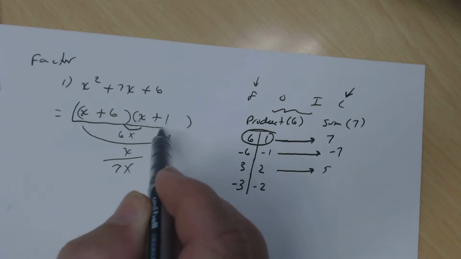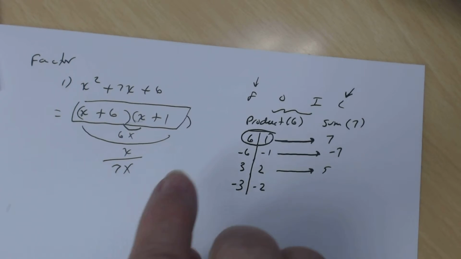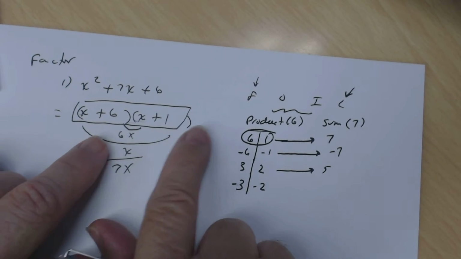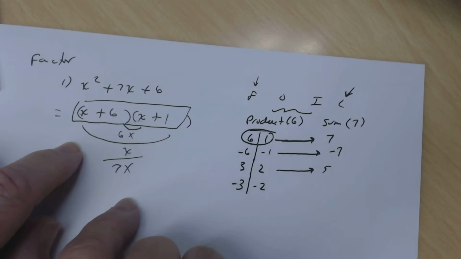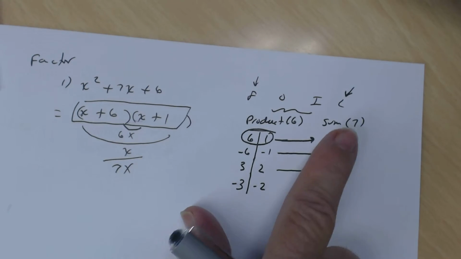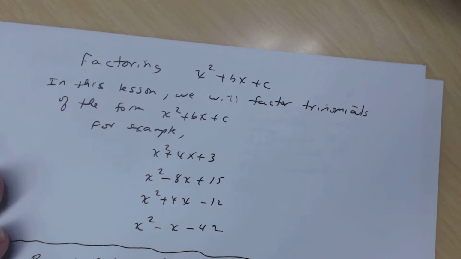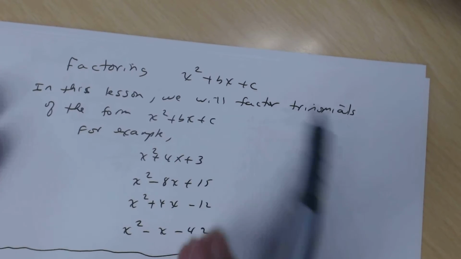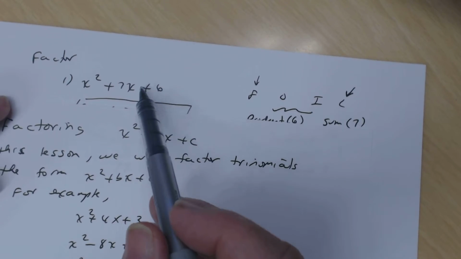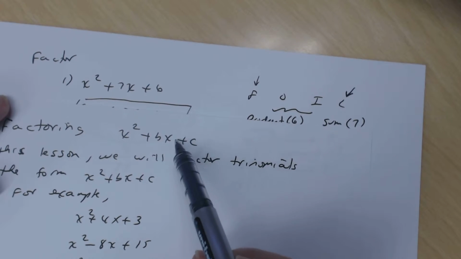Now before we do the other one, remember what I eventually used. I used the idea of product: give me two numbers whose product is 6, and whose sum, when I do the outer and inner, is 7x. When we introduced this lesson, that 6 is your constant.